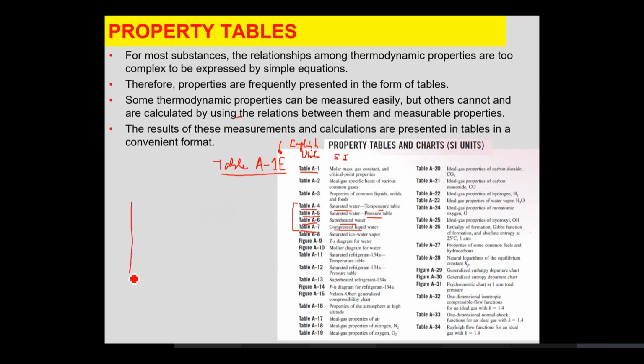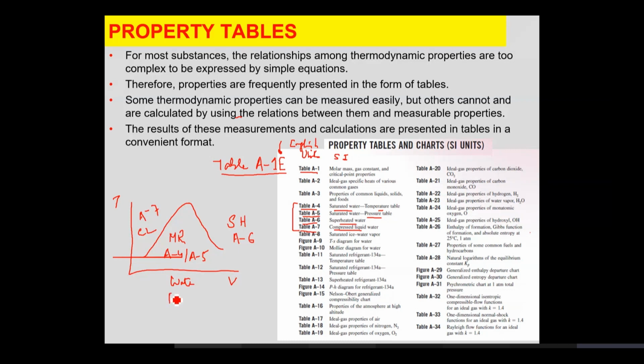If you remember this temperature specific volume or pressure specific volume diagram, you have this dome. This region is the superheated region, this is the mixed region, and this is the compressed liquid region. You have table A7 for compressed liquid, table A6 for superheated, and tables A4 and A5 for the mixed region, and this is in the case of water.